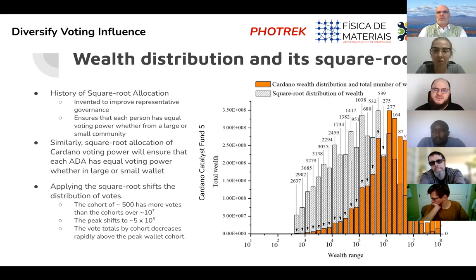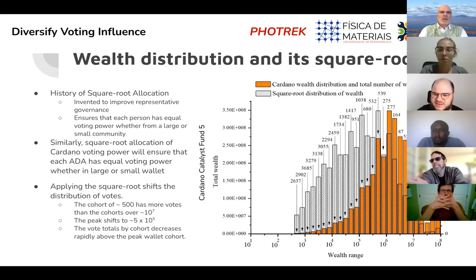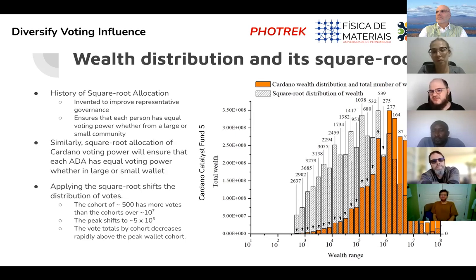And if we square root the ADA of each wallet, you shift the distribution to the center. Can you see that? So instead of this parabola shape, you have this mountaintop shape, where the bigger influence in this voting process will be given to those people at the center.